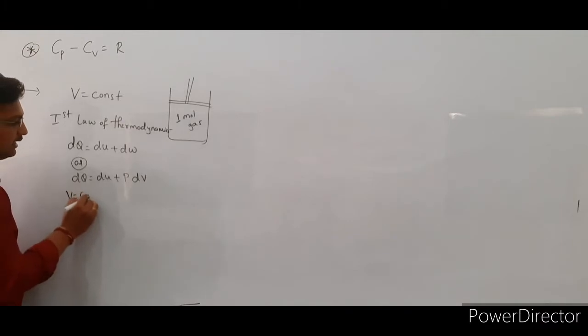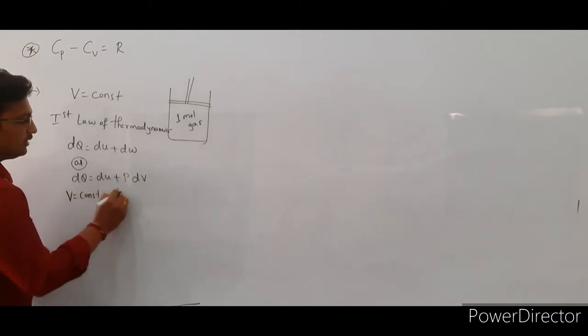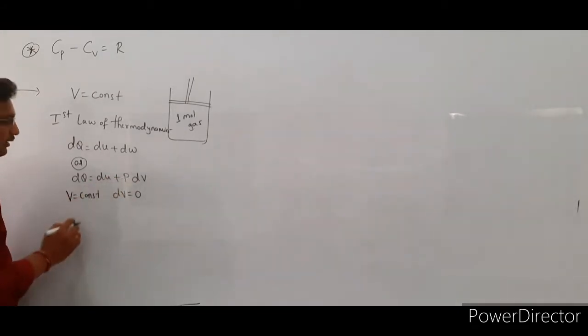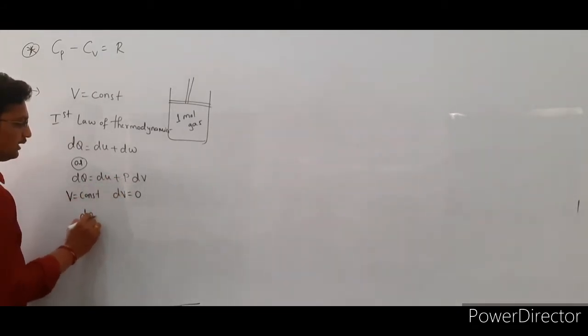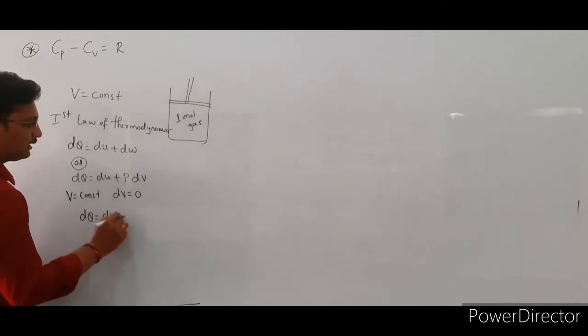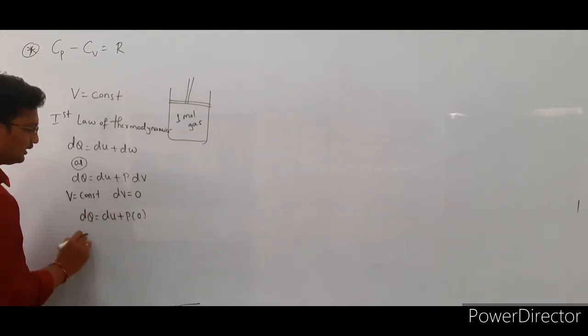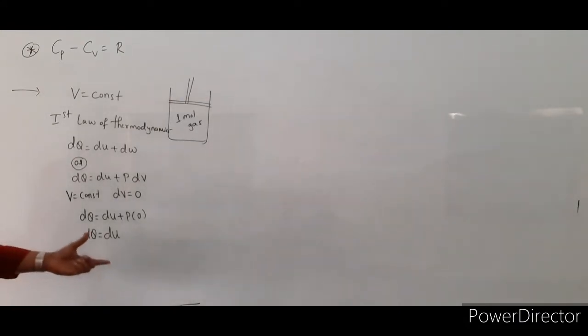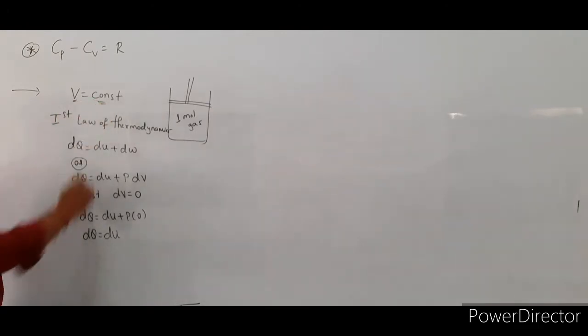In this case, the volume of the system is constant. If the volume is constant, the differentiation of a constant term is 0. That means dV is equal to 0. So substituting the dV value, dq is equal to du plus p into 0. So dq is equal to du. That means the entire amount of heat energy is utilized to increase the internal energy of the system when the volume of the system is constant, right?